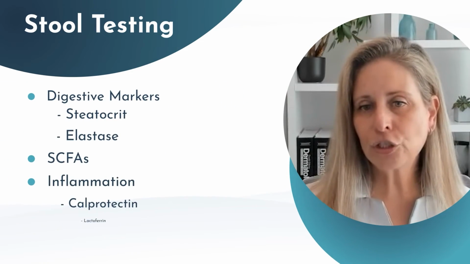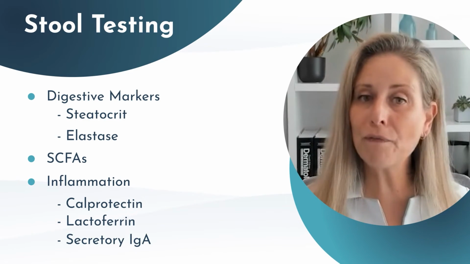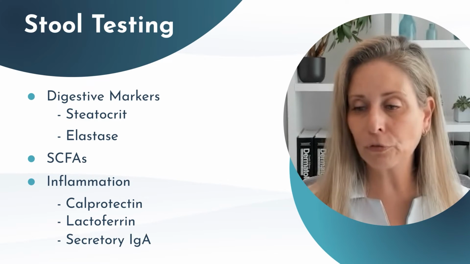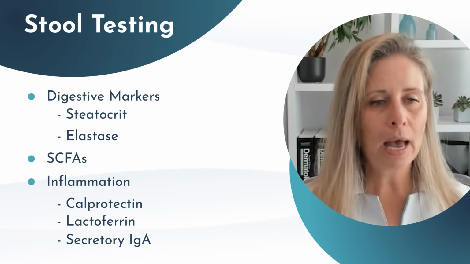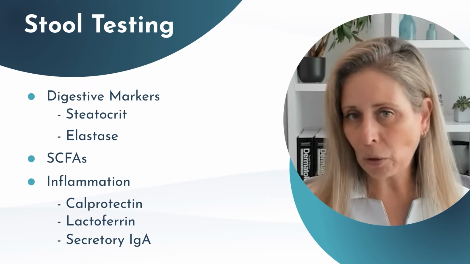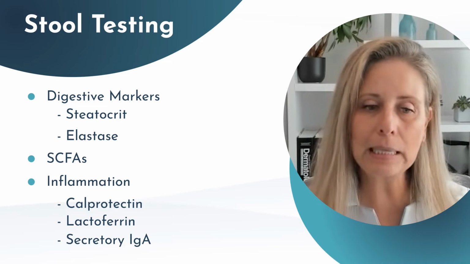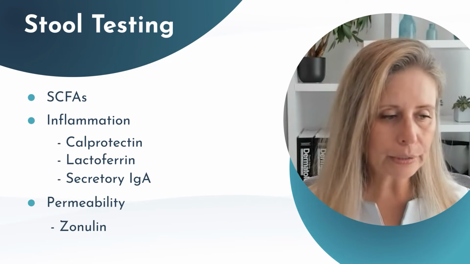There's also a lot of digestive information on the stool test, things like steatocrit, which is how much fat is in the stool, a good proxy for bile, and elastase, which are pancreatic enzymes. Some have short-chain fatty acid analysis. There are inflammatory markers like calprotectin, lactoferrin, and secretory IgA, and some permeability markers like zonulin.